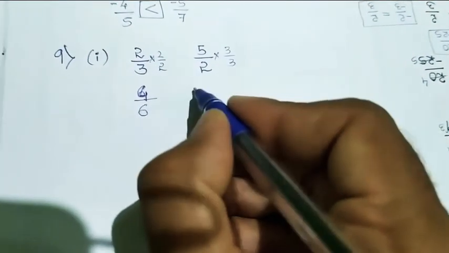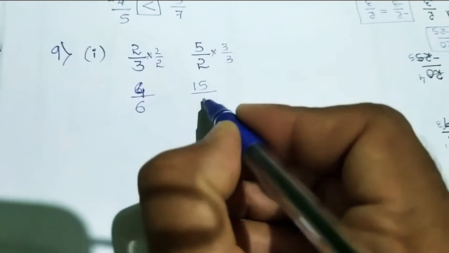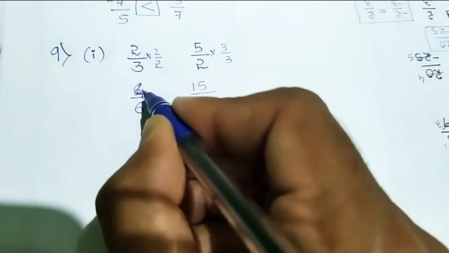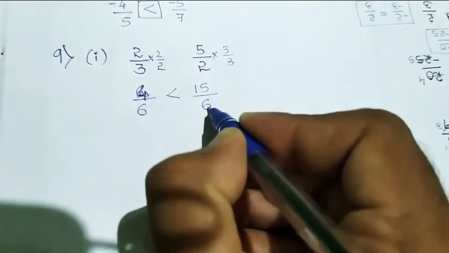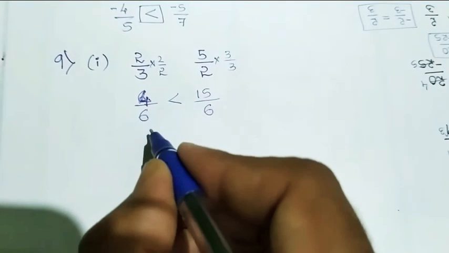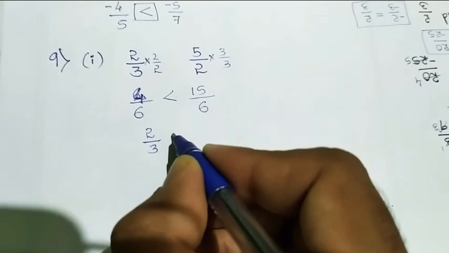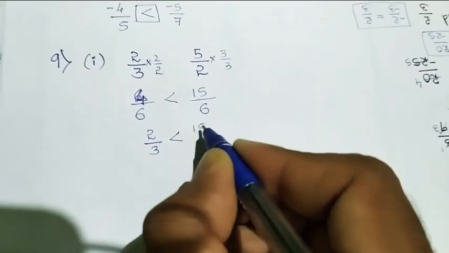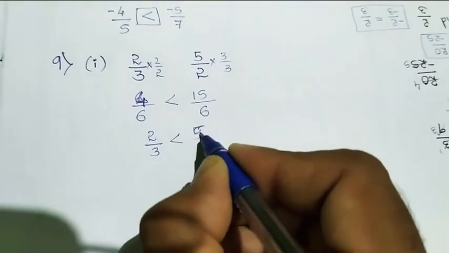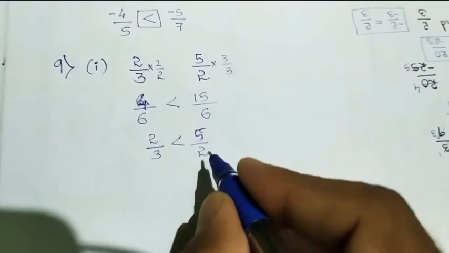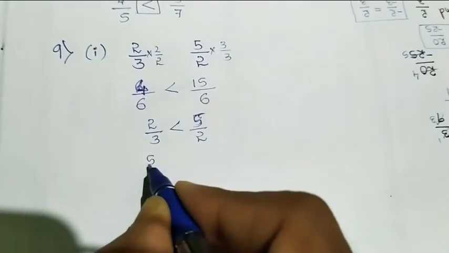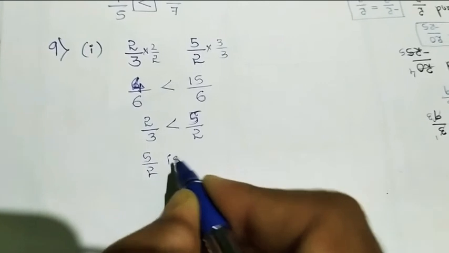Here 5 3s are 15 and 2 3s are 6. So which is greater? 15 by 6 is greater. So you can write in the general form, 2 by 3 is smaller than 5 by 2. Okay, so 5 by 2 is greater.